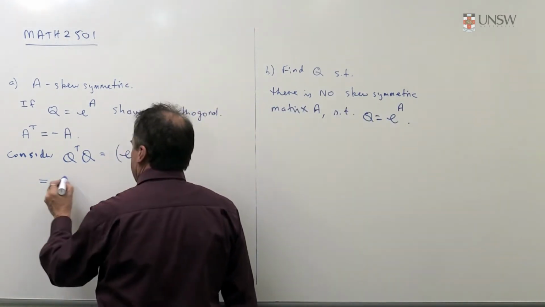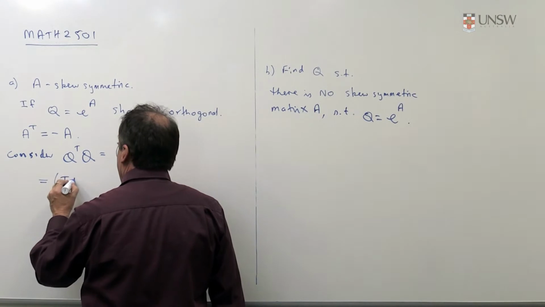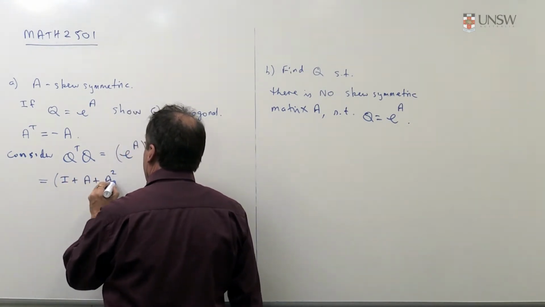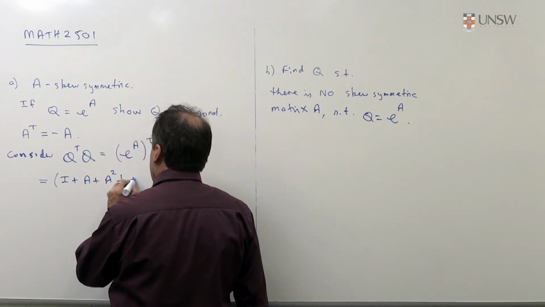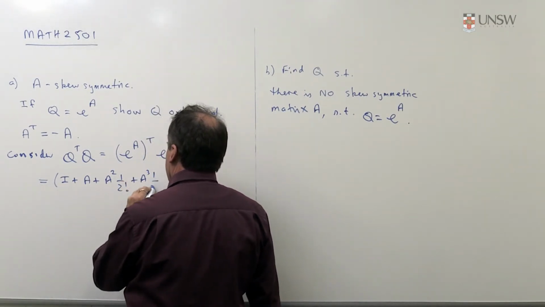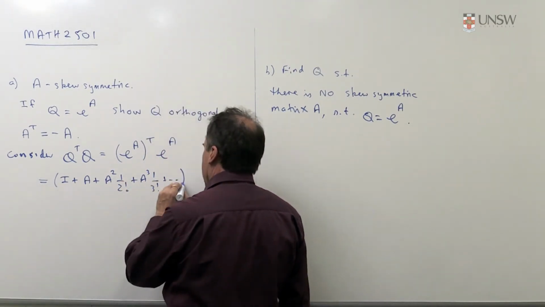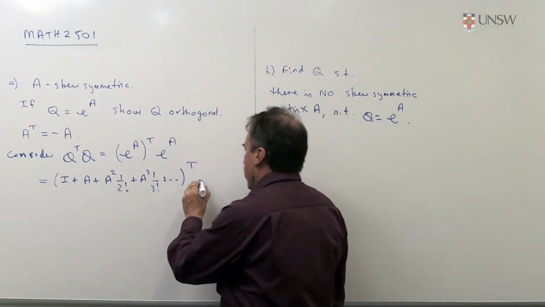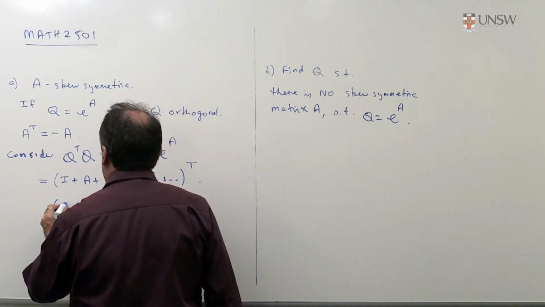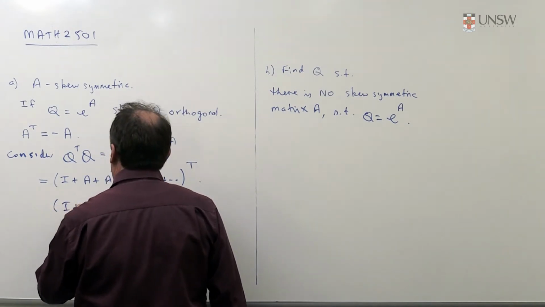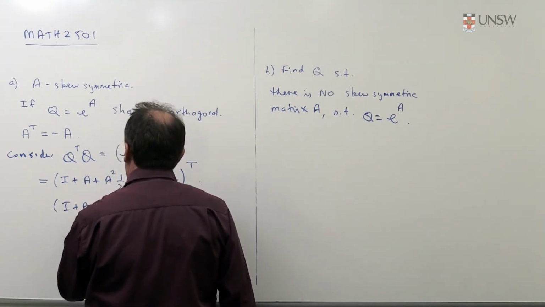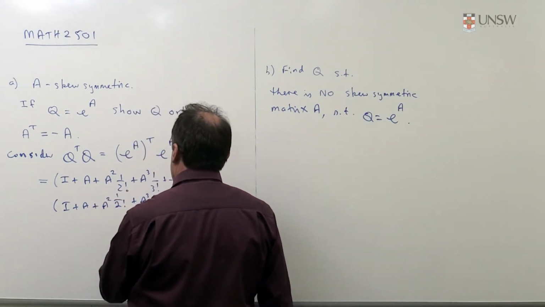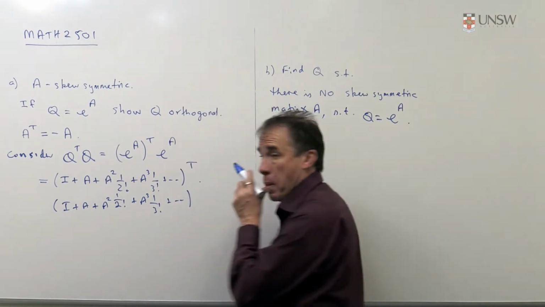So e to the A is the matrix sum I plus A plus A squared times 1 on 2 factorial plus A cubed times 1 on 3 factorial plus and so on. And all of that has to be transposed. And then I'm going to multiply that by the matrix I plus A plus A squared times 1 on 2 factorial plus A cubed 1 on 3 factorial plus and so on.